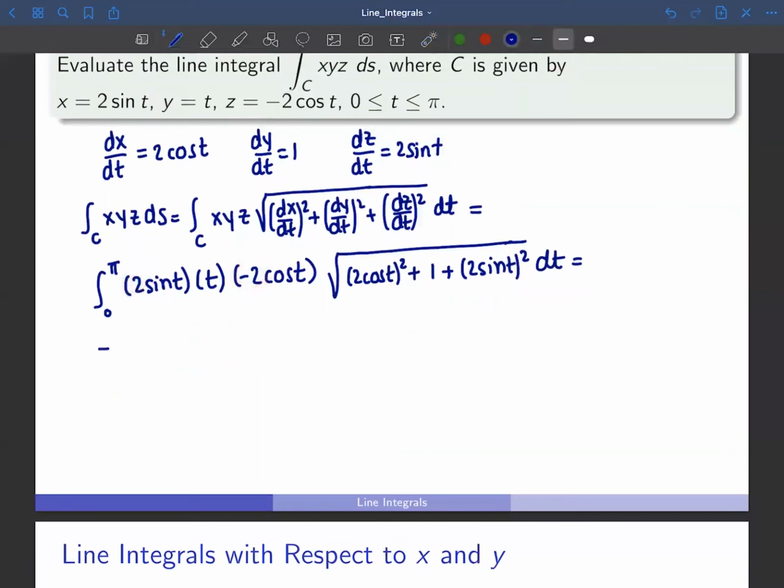So we have negative 4 times the integral from 0 up to pi of t times sine t times cosine t, and then the square root.